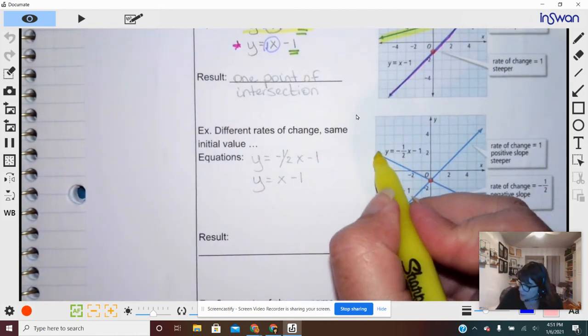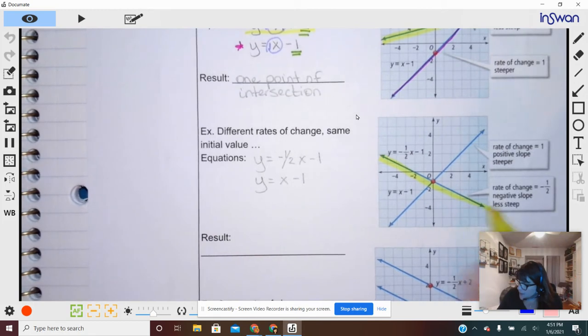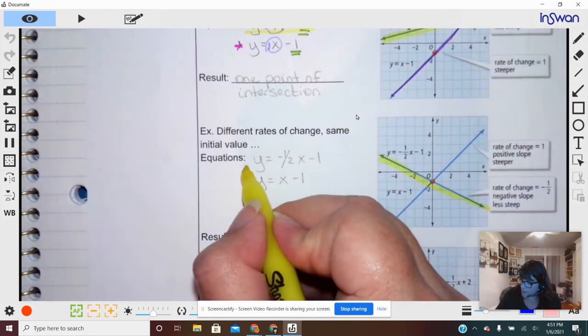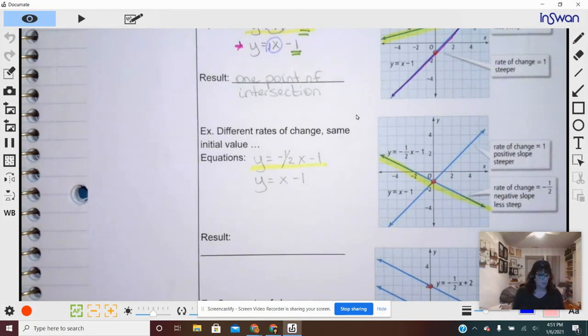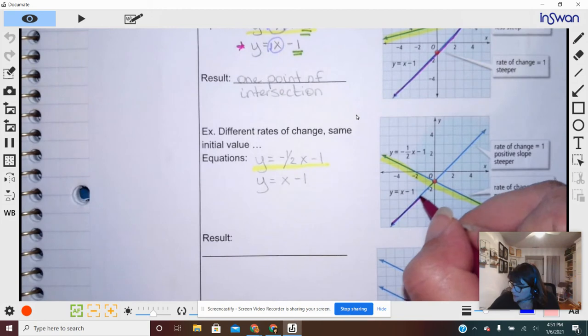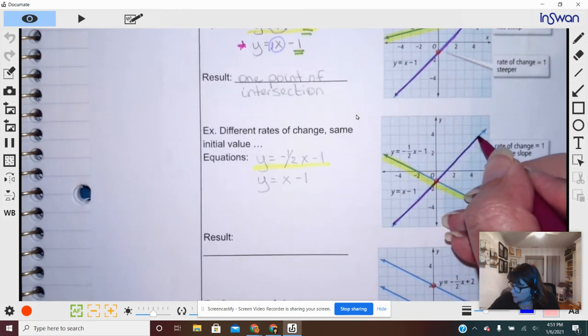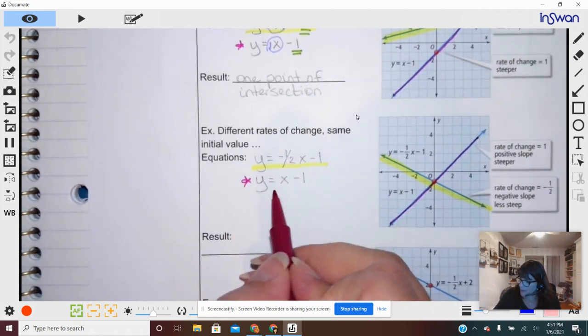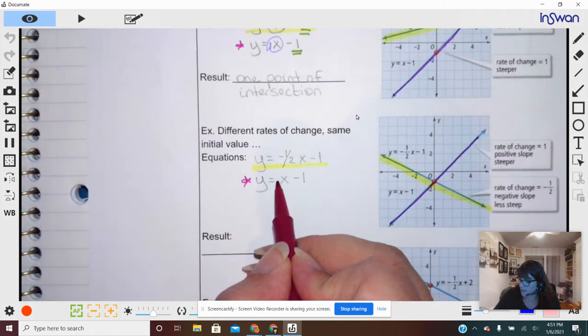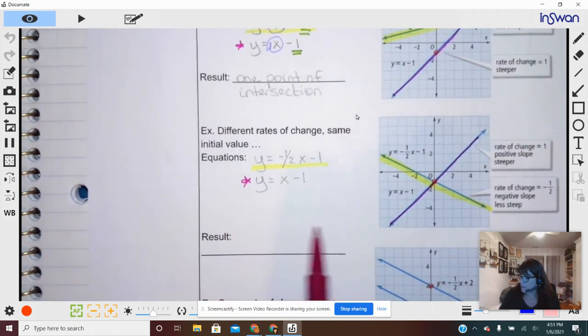So this first one is going down. It's a negative slope. It's going down. The second one is going up. Okay, it is a positive slope. It's a little invisible 1 right here.